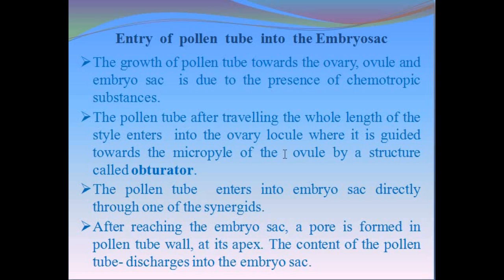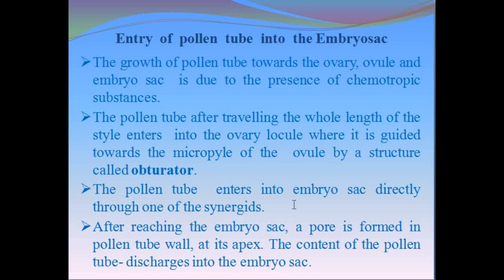After traveling the whole length of the style, the pollen tube enters the ovary locule, where it is guided towards the micropyle of the ovule by a special structure called obturator. Obturator is an outgrowth which guides the pollen tube to enter through the micropyle.